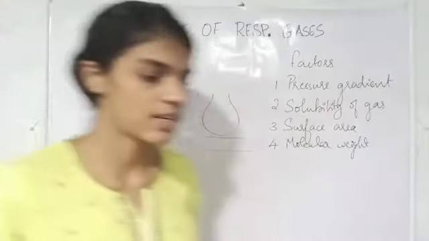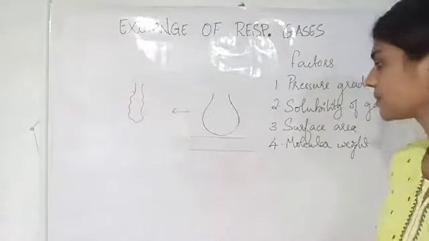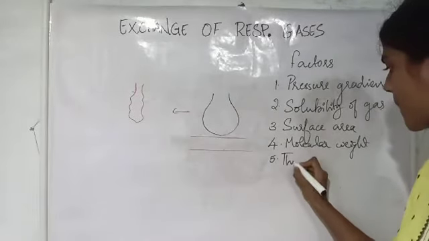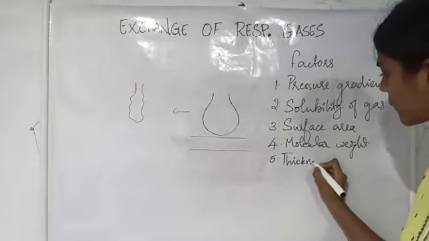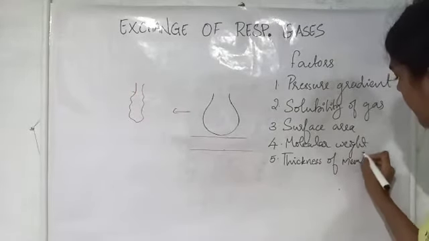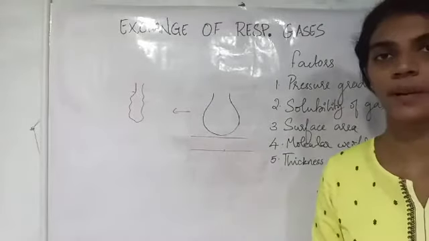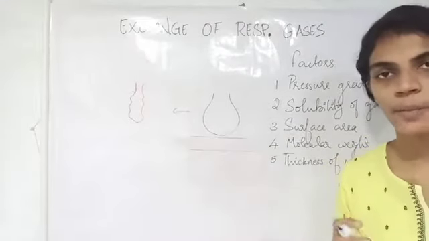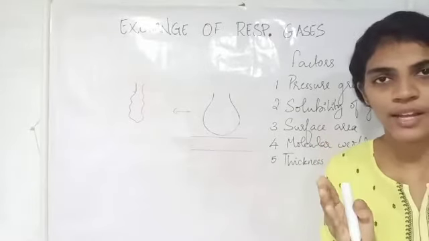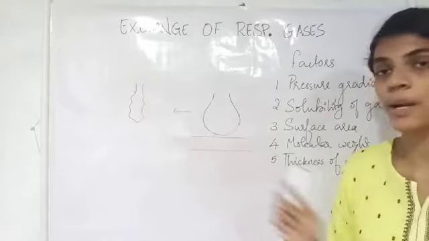And the next one is the thickness of the membrane. What is the membrane here? It is the respiratory membrane, right? The respiratory membrane is composed of all the layers of the alveoli and the pulmonary capillary.